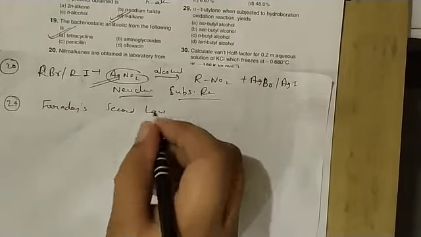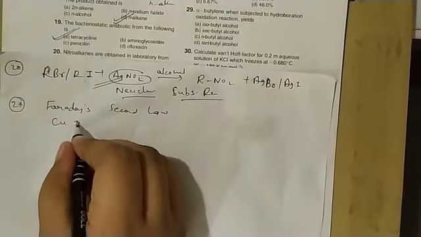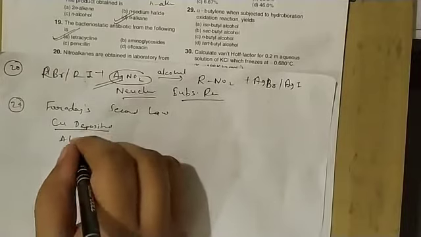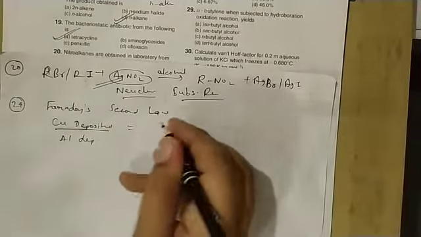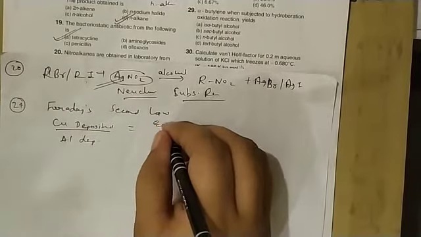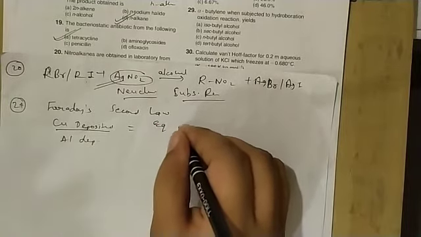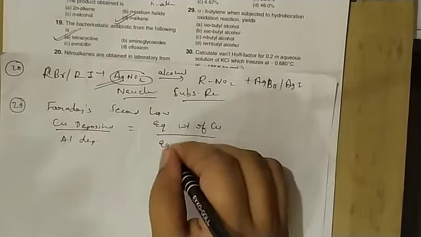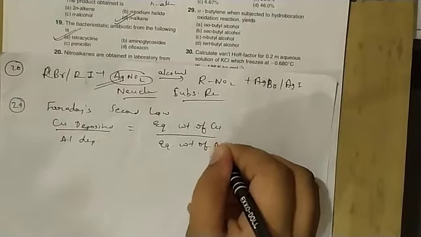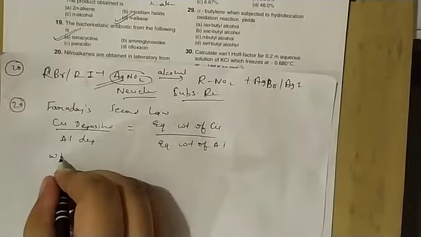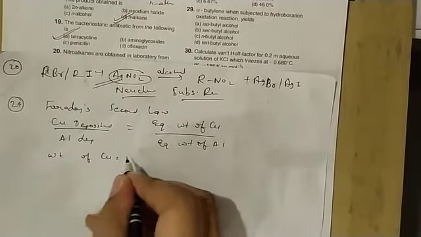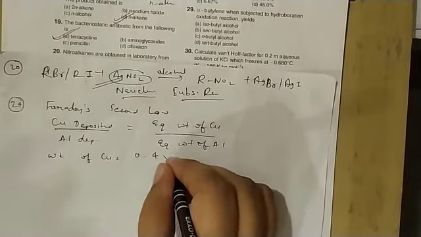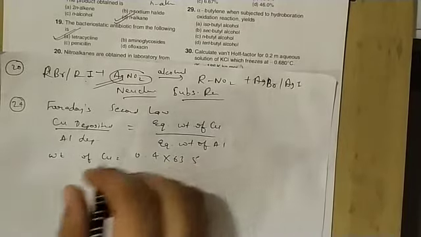Faraday's second law: Cu deposited upon aluminum deposited will be equal to equivalent weight of Cu upon equivalent weight of aluminum. Moles of Cu given is 0.4, so 0.4 will be multiplied by 63.5.